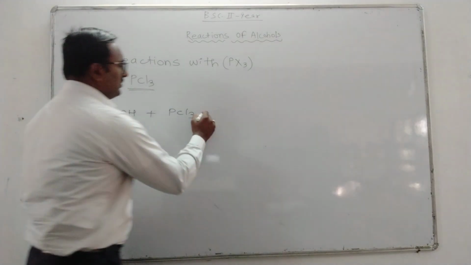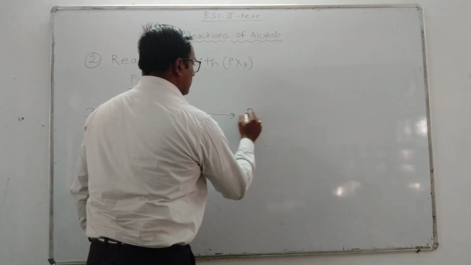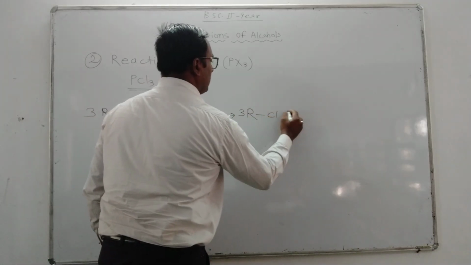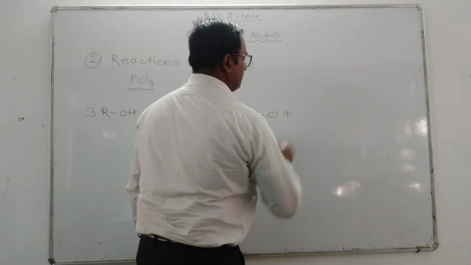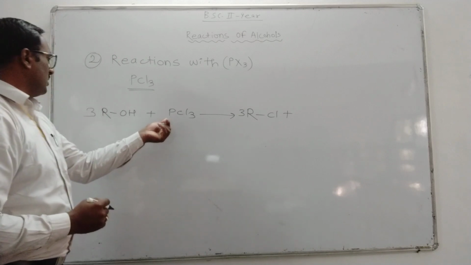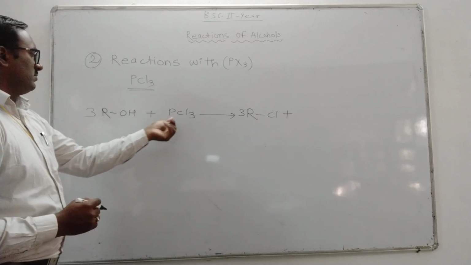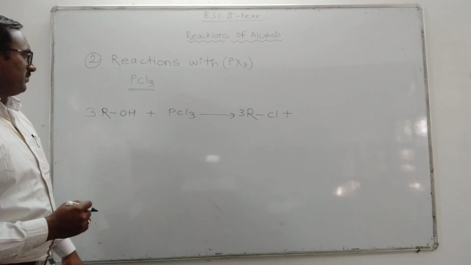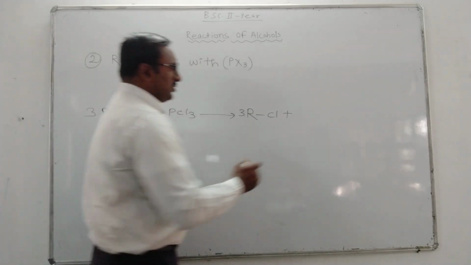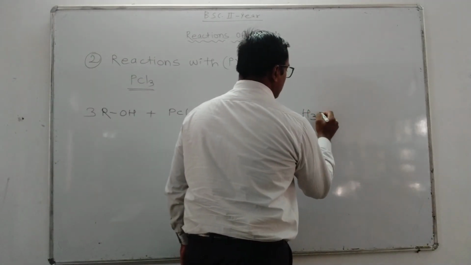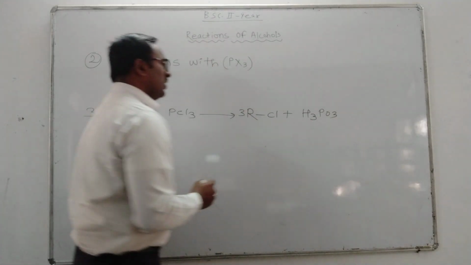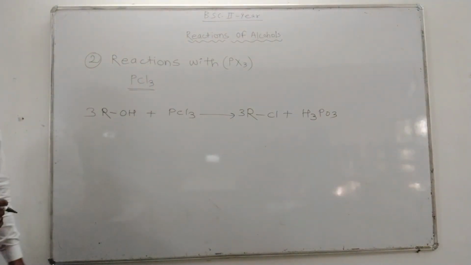There is formation of 3 molecules of RCl plus H3PO3, phosphorous acid. This is the general reaction.